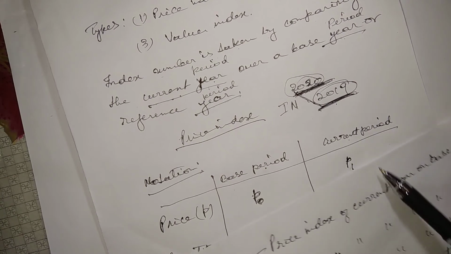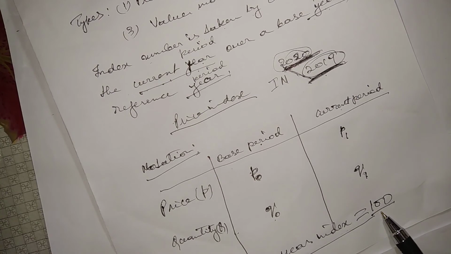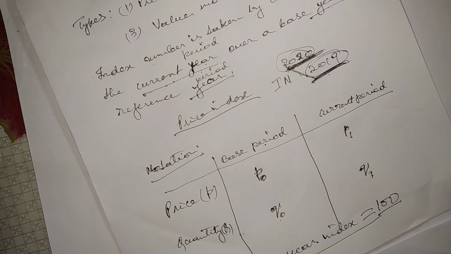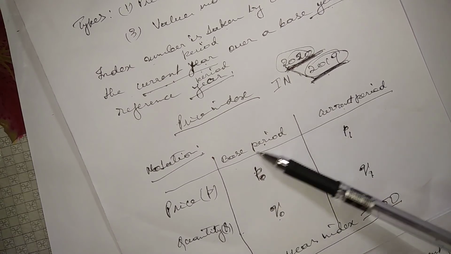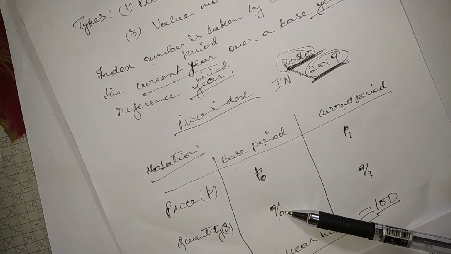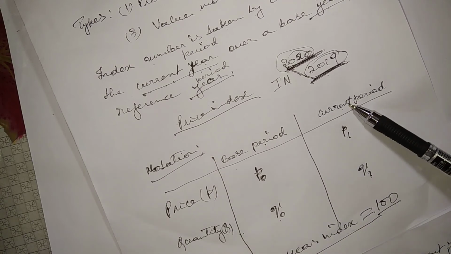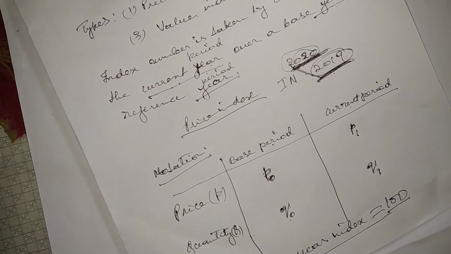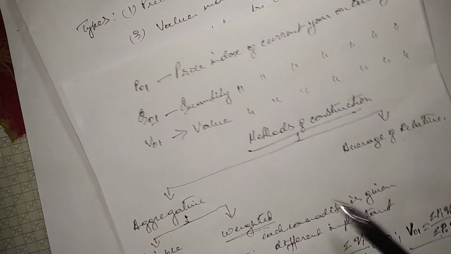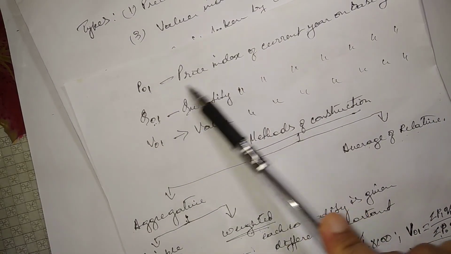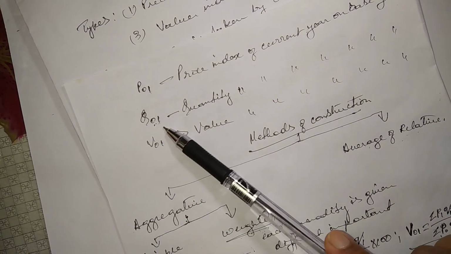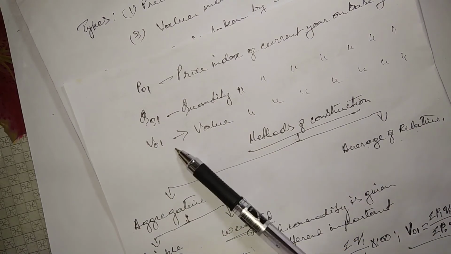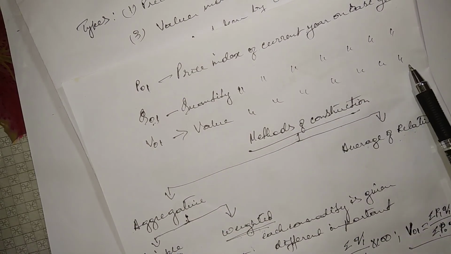You have to remember that the base year index is always equal to 0. For the base period, price is P naught and quantity is Q naught. For the current period, price is P1 and quantity is Q1. And P01 is the price index of the current year on base year, Q01 is the quantity index, and V01 is the value index of current year on base year.